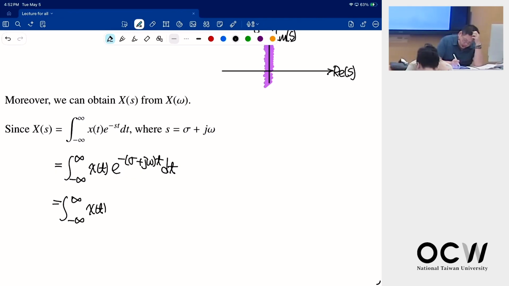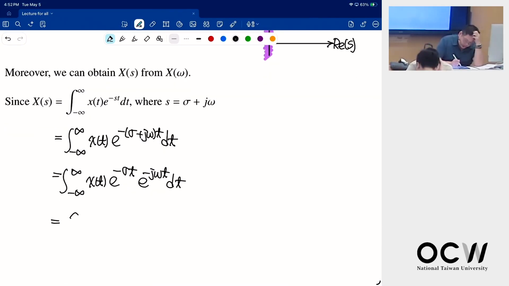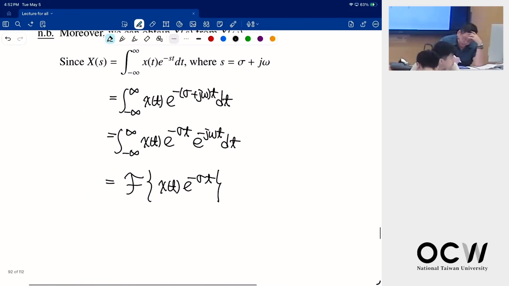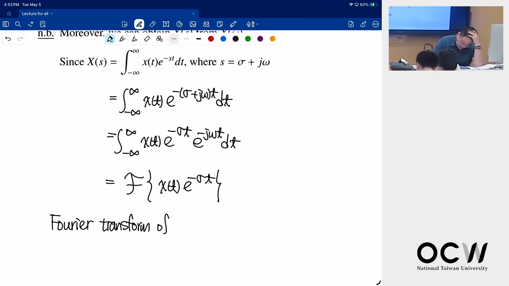And this is x e to the minus sigma t and e to the minus j omega t dt. So this actually is the Fourier transform of x of t e to the minus sigma t. Right, if we think this is the F of x, the Fourier transform.